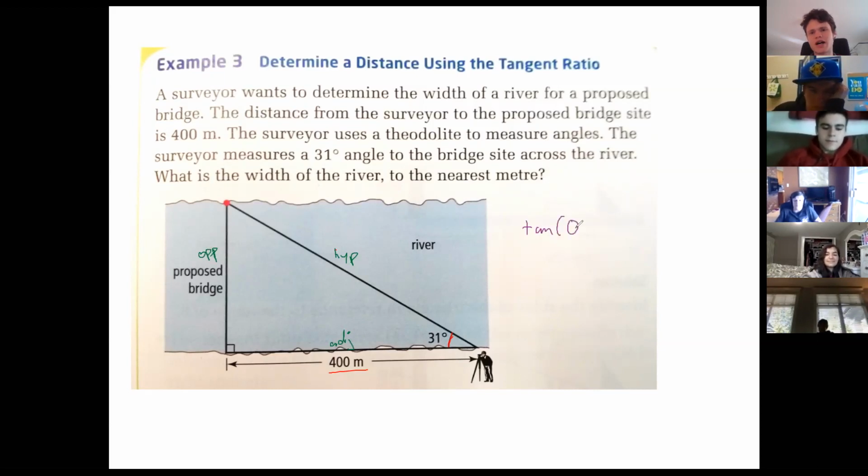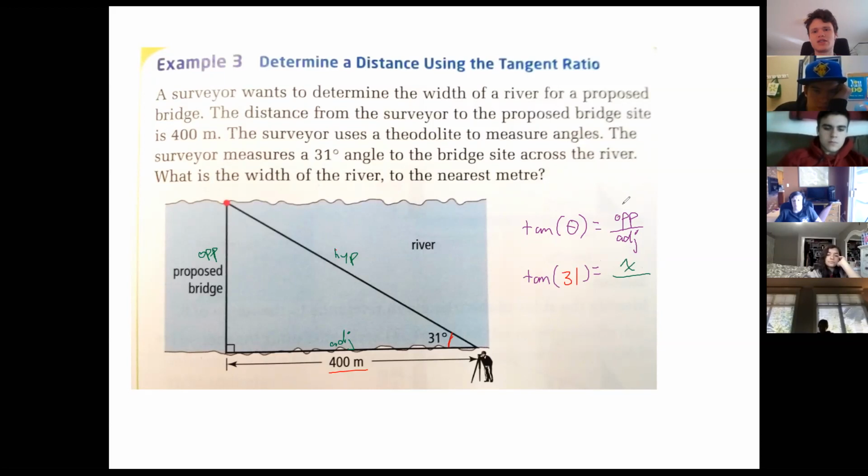I write out my blank form like so, opposite over adjacent. Then I fill in the information that I do know. In this case, my angle is 31 degrees. I don't know my opposite, so maybe I give it the variable x.